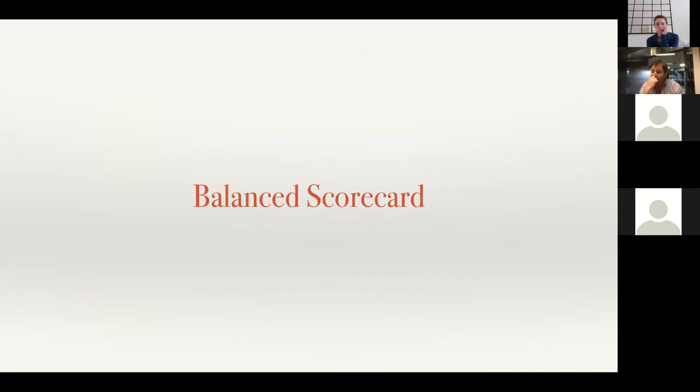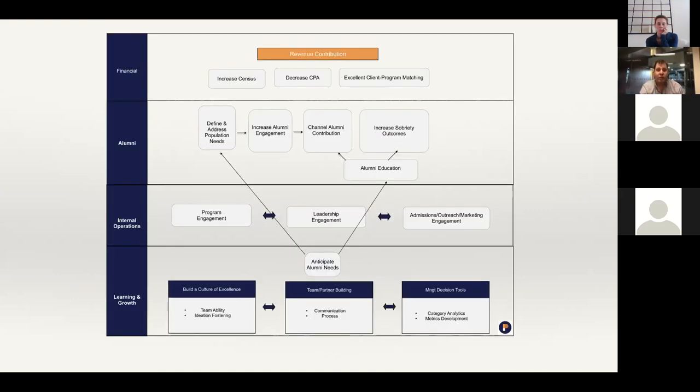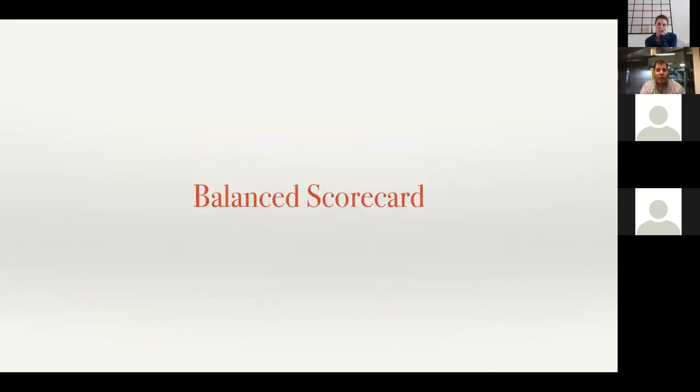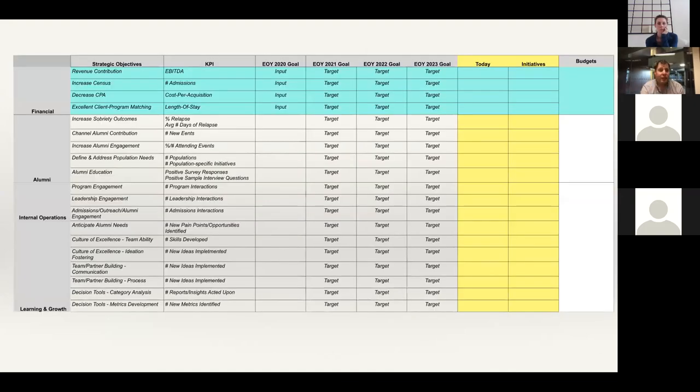Translating a strategy map into a balanced scorecard is really not more difficult than putting it in an Excel sheet. Over on the left, you have your 4 different perspectives, and all we did was take those objectives, list them out in a column, and then next to it, have something to measure ourselves by. What is the key performance indicator for that?